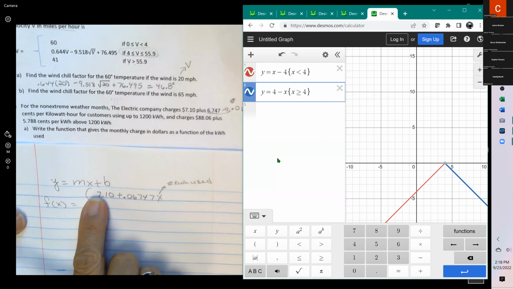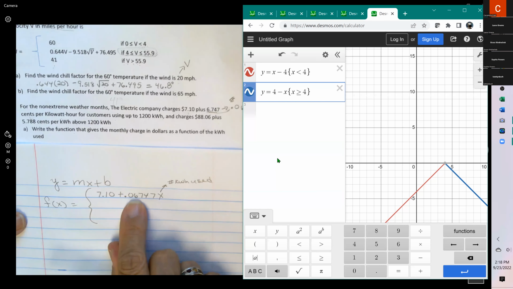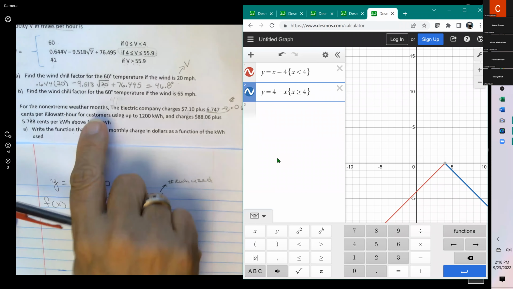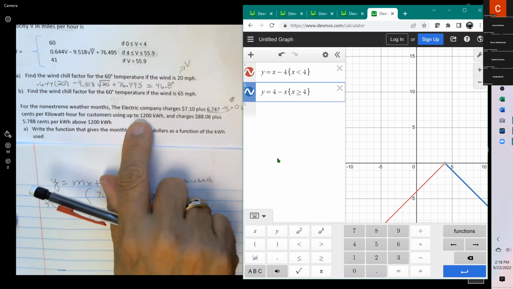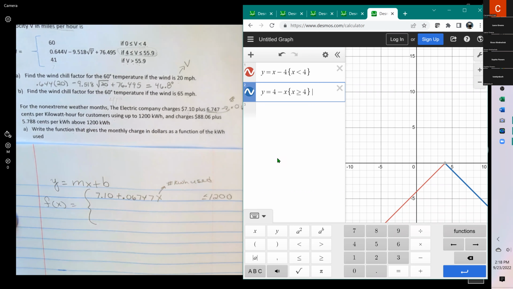So the cost is $7.10 plus 0.06747 times however many kilowatt hours we use. And that is for customers using up to 1,200 kilowatts.